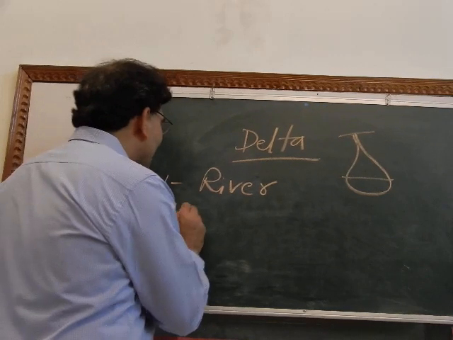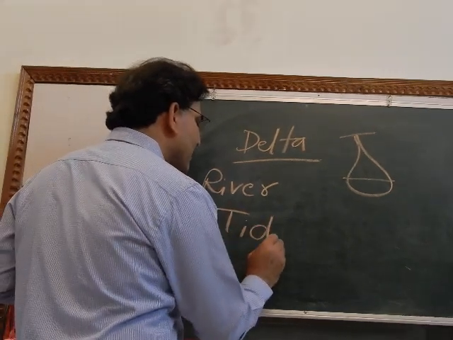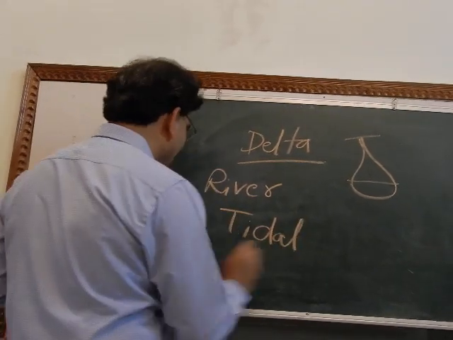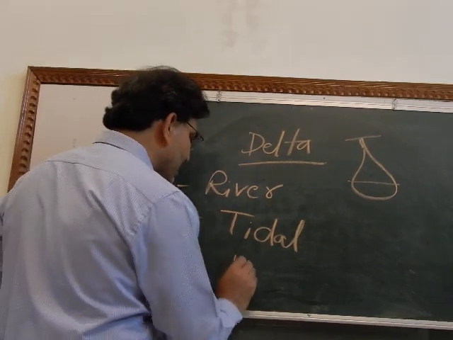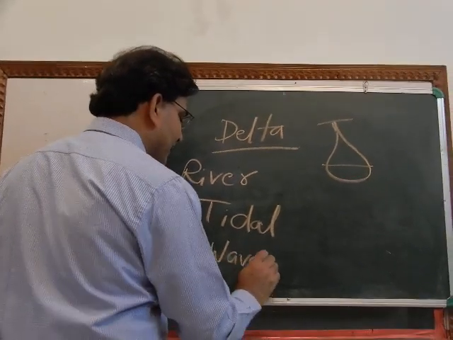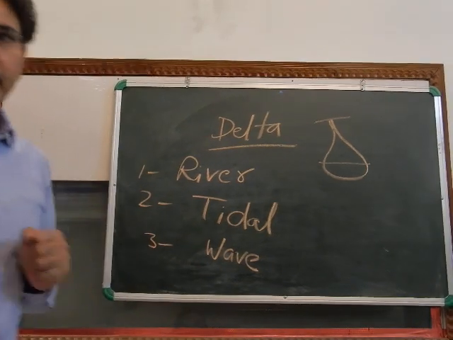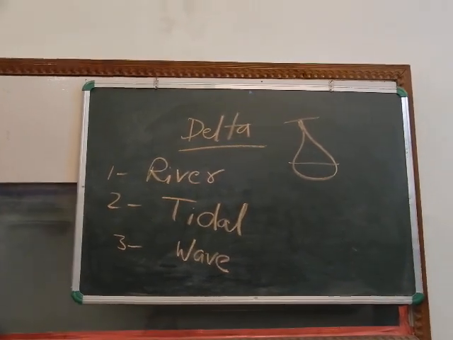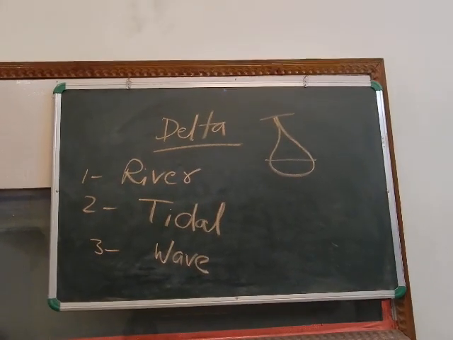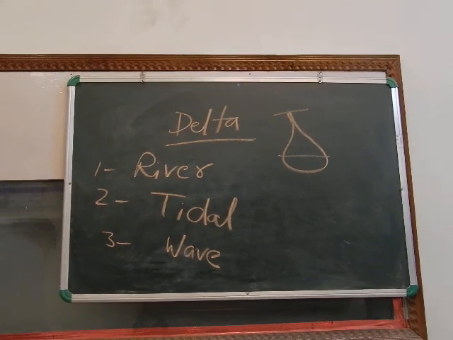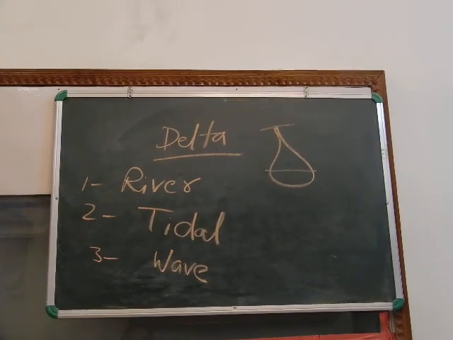The delta in which tidal processes are dominant is known as a tide dominated delta. And the third, in which wave processes are dominant, is known as a wave dominated delta. So there are three types of delta: river dominated, tide dominated, and wave dominated.